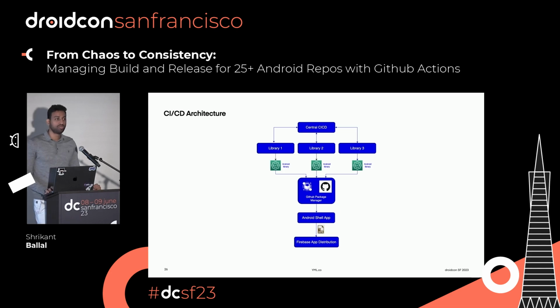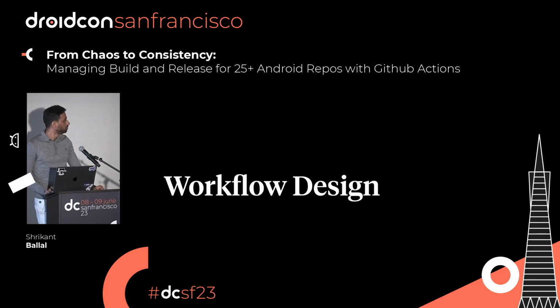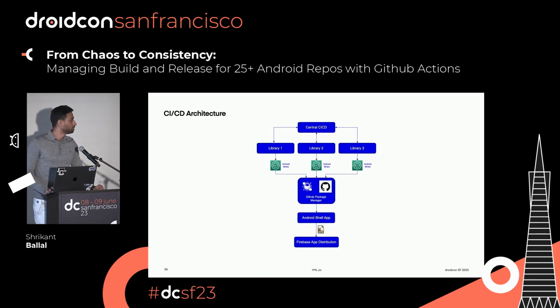Workflow design. This is the foundation of the reusable workflow. So here we have a central CI/CD repository. Under that we have all the library projects. Library projects utilize the reusable workflow files, like the PRs.